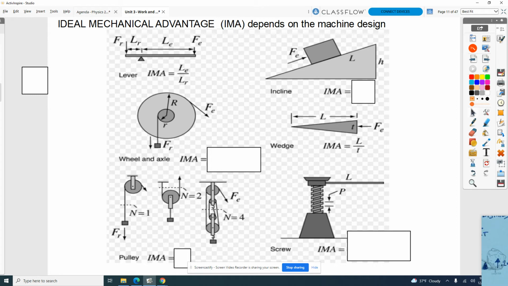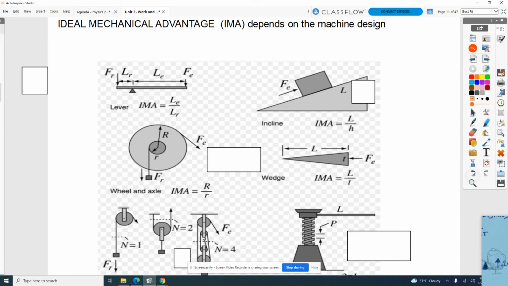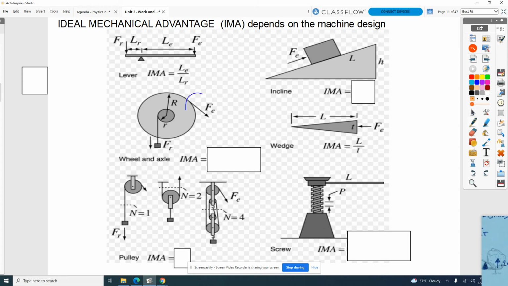For a wheel and axle, we see that we exert some sort of force maybe on the wheel portion, and then through this wheel and axle machine, we're able to get a larger force on the resistance side, but it comes at a smaller distance. And so we could talk about the IMA as a ratio of big R to little r. So it'd be the big radius of the wheel compared to the little radius of the axle.